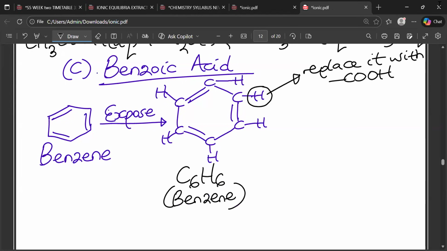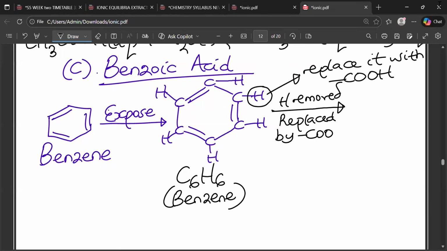So what if this one is removed and replaced? So we remove H, and it is replaced by this. So you all know what structure comes up.